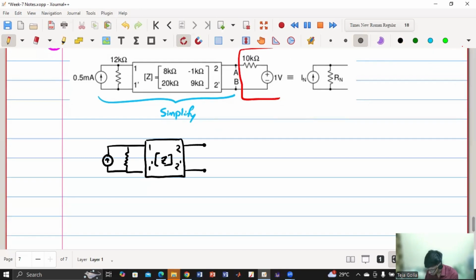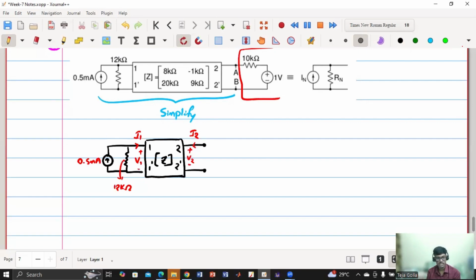So this is 0.5 milliampere, and this is 12 kilo ohm. According to the circuit, this is my plus minus V1, and this is my I1, right? And this is my plus minus V2, and this is my I2, right? Agree?